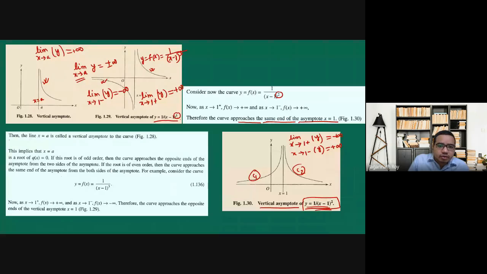Since it is an odd number, we will get two different directions, plus infinity and minus infinity. And 2 is an even number. For even numbers, we'll get the same direction, either plus infinity or minus infinity, so any direction it could be.